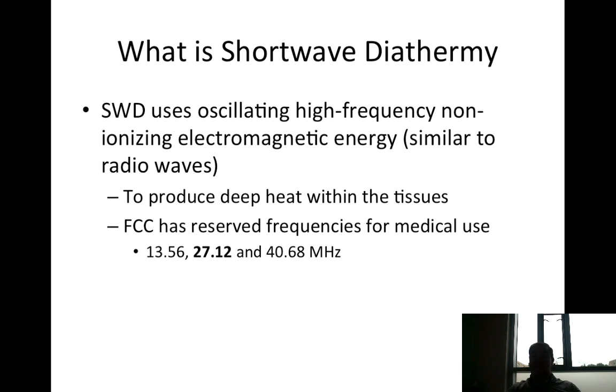So this produces deep heat within the tissues, and the FCC, the Federal Communications Commission, actually reserves frequencies that are only for medical use. And you see 13.56, 27.12, and 40.68 megahertz. The 27.12 megahertz is the most used frequency of any of the diathermy units.